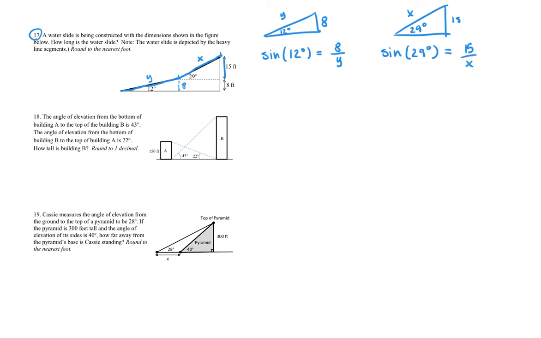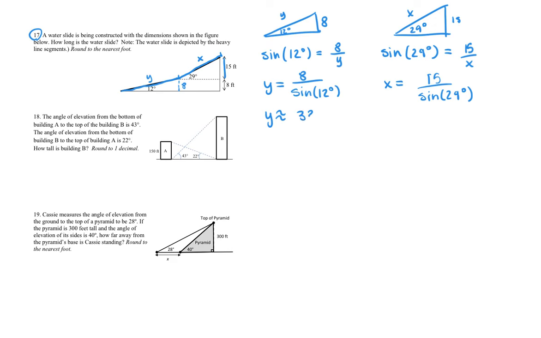Okay, so then if we solve both of these for their respective variables, we'll get that y should be equal to 8 over sine of 12 degrees, and x should be equal to 15 over sine of 29 degrees.